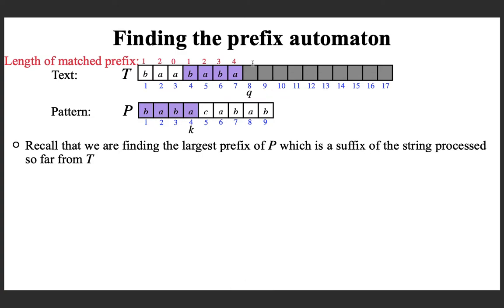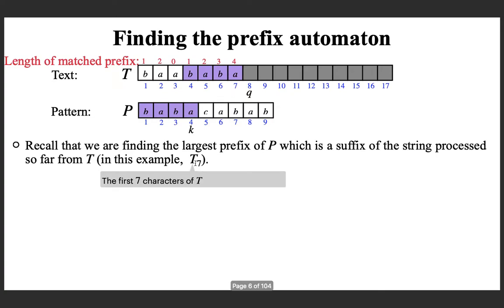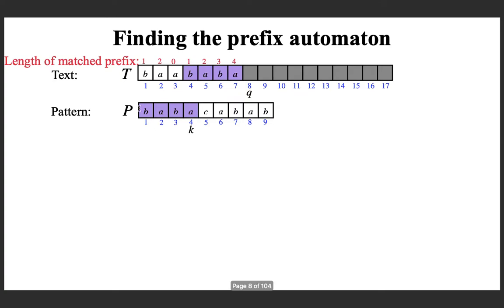Recall that we are finding the largest prefix of P, which is a suffix of the string processed so far from the input text T. In this example, the processed part is T7, which is the first 7 characters of the array T, or the length 7 prefix of T. So, Pk represents the length k prefix of P, that is the notation that we discussed.